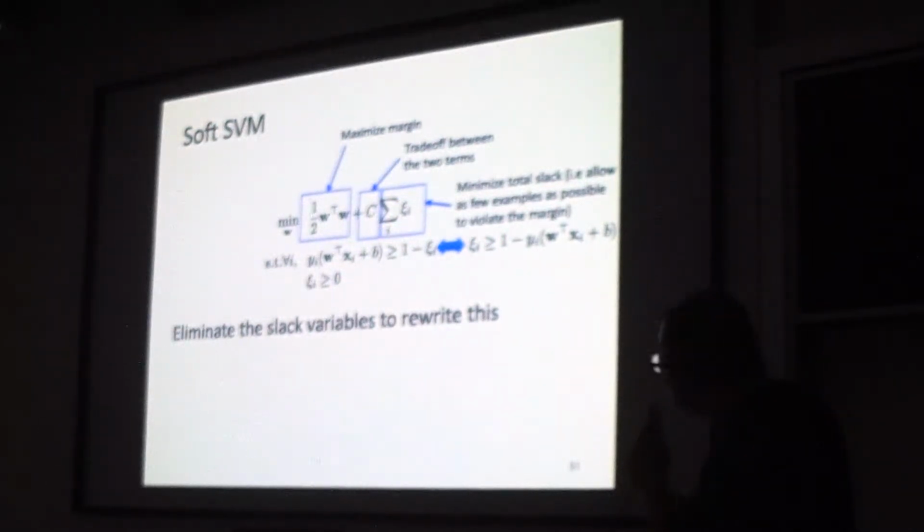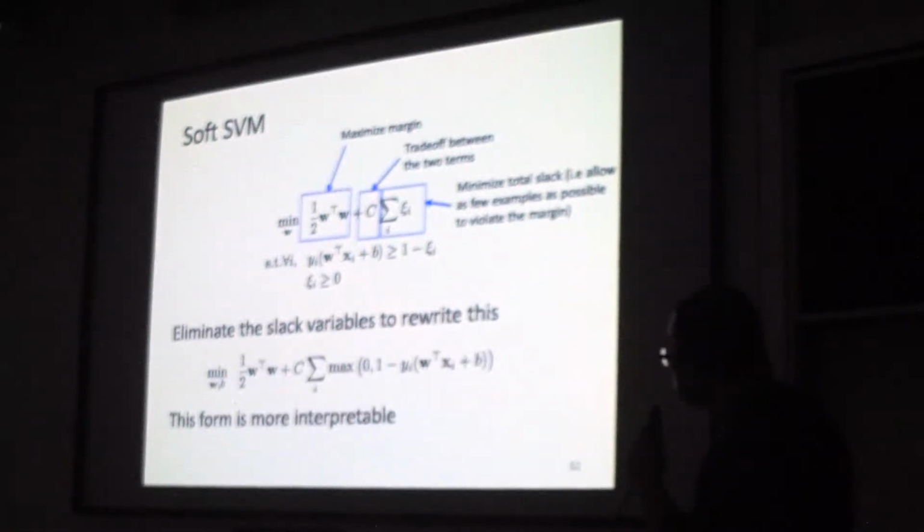So now we just replace ξi by the minimum value it can take. Right? So now we eliminate the slack variables, and the summation of the ξi is replaced by the summation of their minimum values, which is the maximum between 0 and 1 minus the function margin. So now we end up with our formulation of support vector machines in the primal domain.